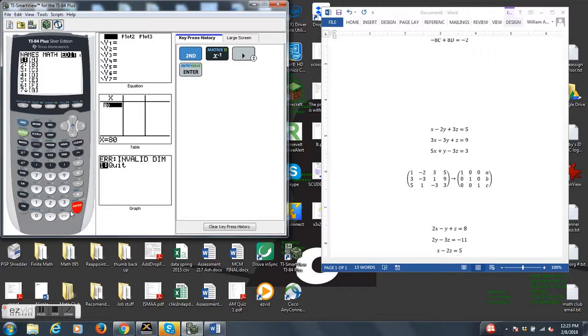But okay. First thing is the dimension. There are 3 rows, 4 columns. So I'm going to call this thing a 3 by 4 matrix. And I just type it all in left to right.